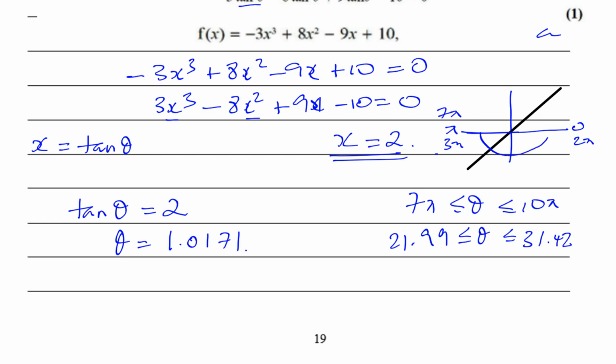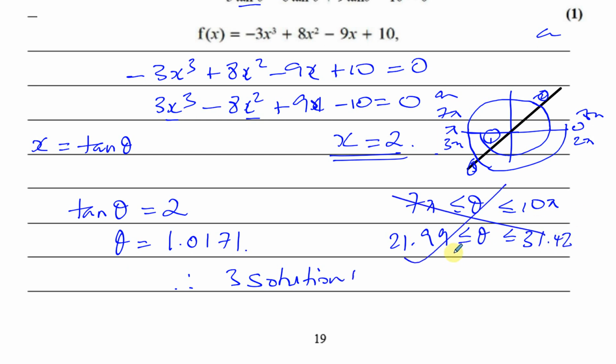Then you're going to go to 8 pi, and you'll hit it twice. Then you're going to go to 9 pi, and it's going to hit it 3 times. You've got 1, 2, 3, and then at 10 pi it will stop there. So you can see there's going to be 3 solutions. That's an easy way of doing it instead of going through all this.